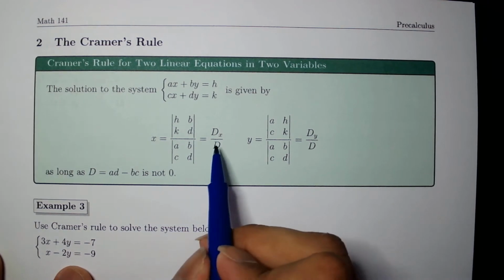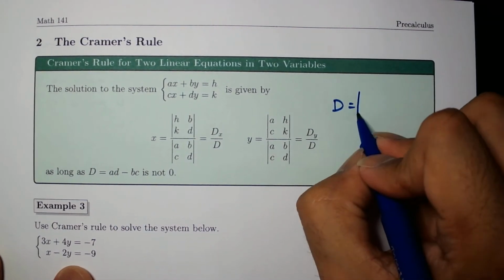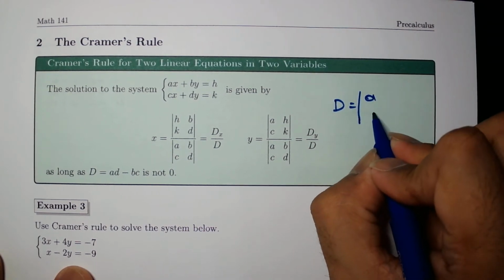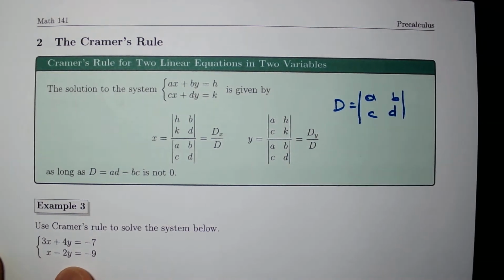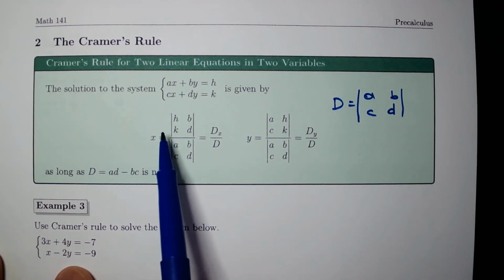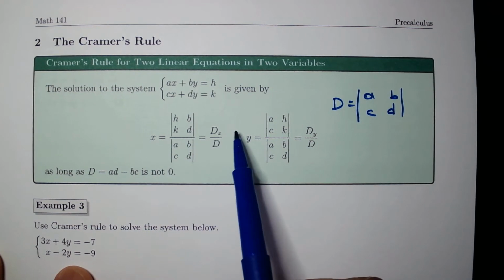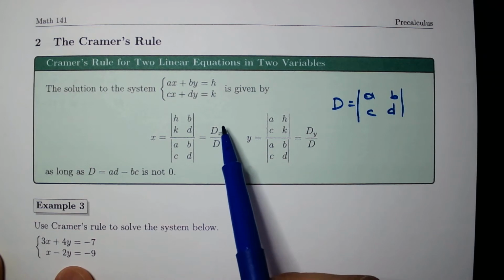So we need to evaluate D. D will be the determinant of a, c, b, d, which you know how to evaluate. To find the x value, we divide the determinant D sub x by D. How do we obtain D sub x?